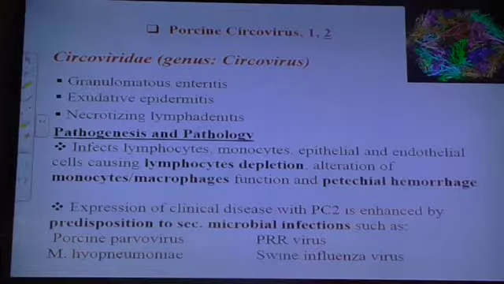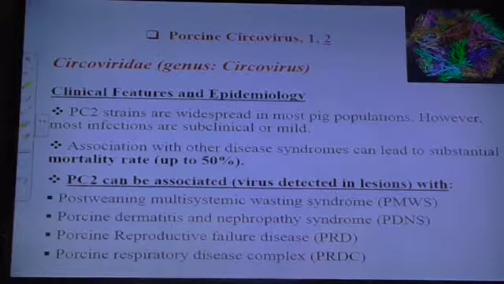All of these can predispose to infection with porcine circovirus 2 and can cause a severe disease. Now, this disease mainly causes high mortality, up to 50%, depending on the presence of pre-exposure to other pathogens.